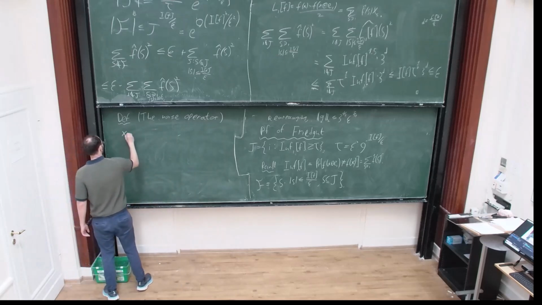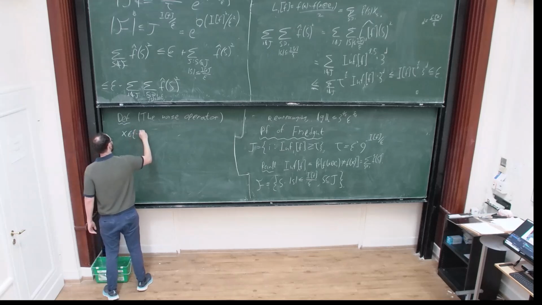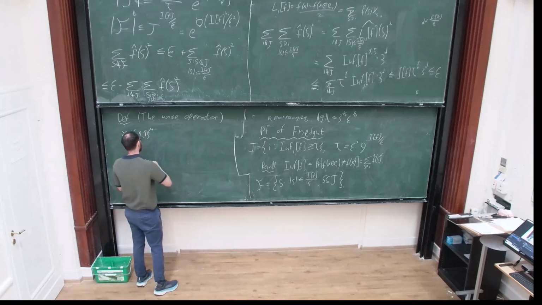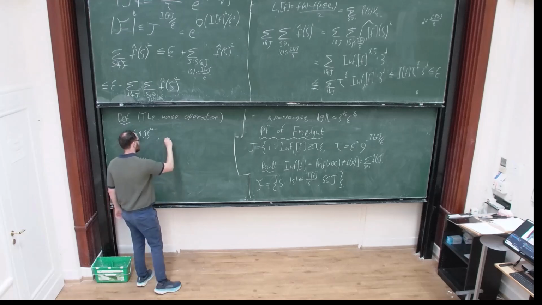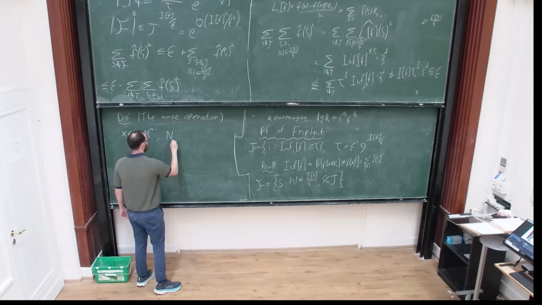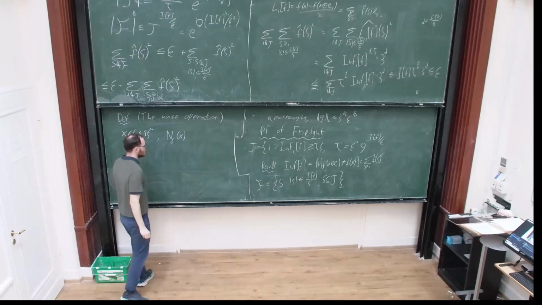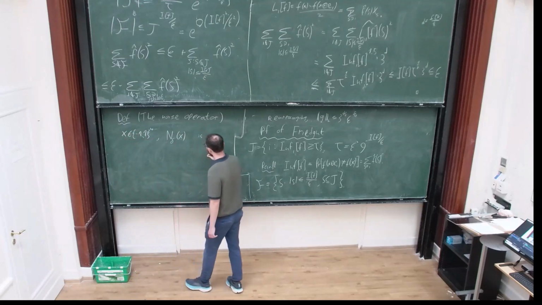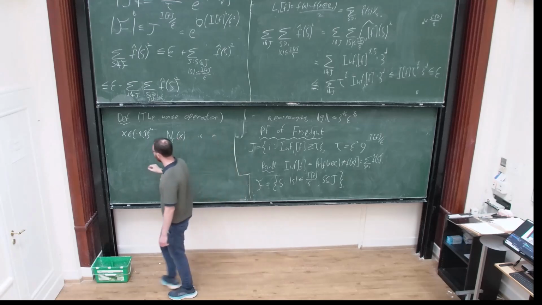Suppose that you have x in the cube. You can define a distribution N_delta of x. So this is a distribution on the cube.